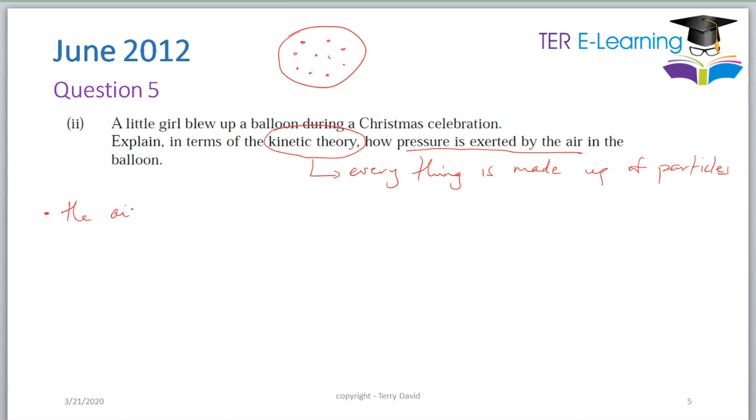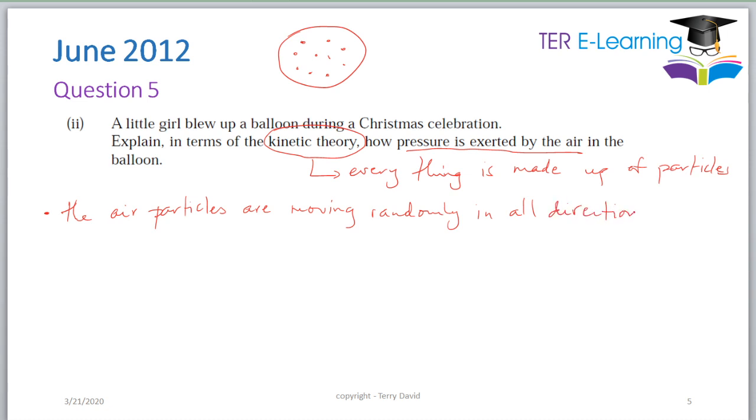The air particles, because remember you're blowing up the balloon, are moving randomly in all directions.